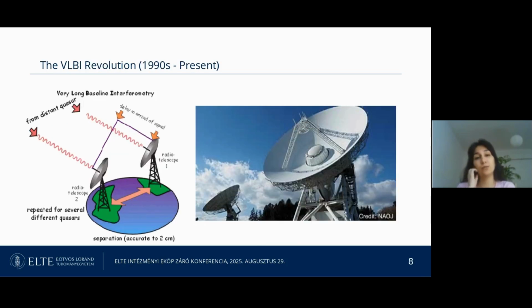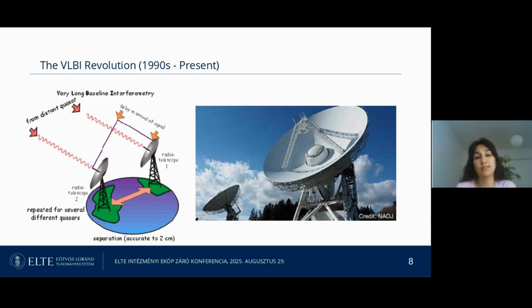Okay, I said VLBI, but what exactly is VLBI and how does it work? You can see here on the left. Imagine that you have two radio telescopes located in two different places on the Earth. For example, one of them in Europe and the other in the US. When a distant astronomical radio source emits signals, both telescopes receive the signal, but at slightly different times because of their separation and location.